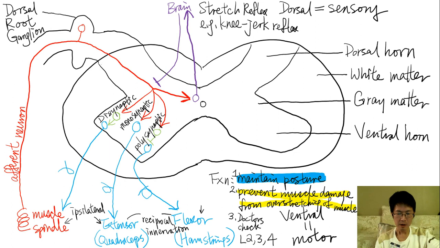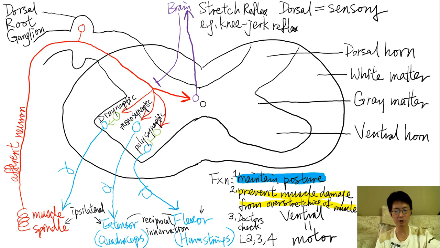If knee-jerk reflex is for maintaining posture, what type of muscle fiber the extrafusal muscle fiber is? Is it type 1, type 2A, or type 2B? Or should I say, is it the slow oxidative, fast oxidative, or fast glycolytic muscle fiber?